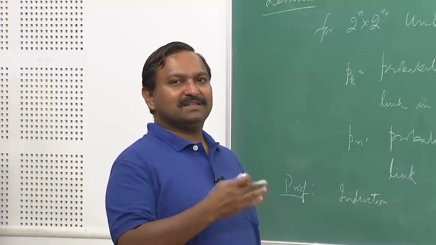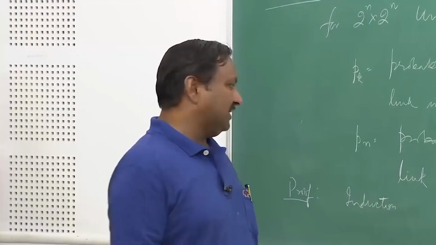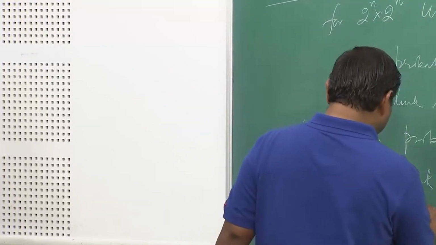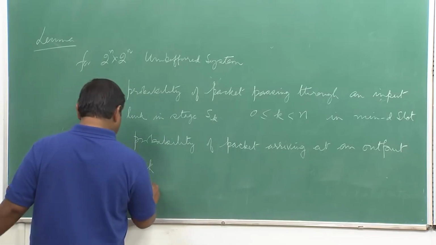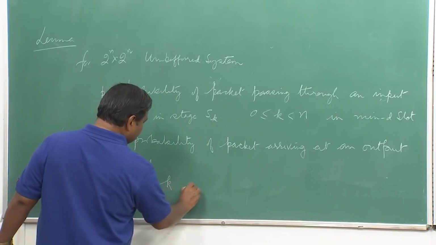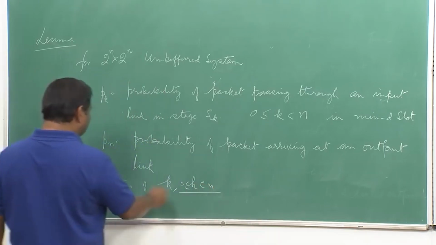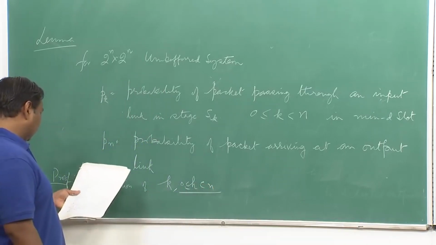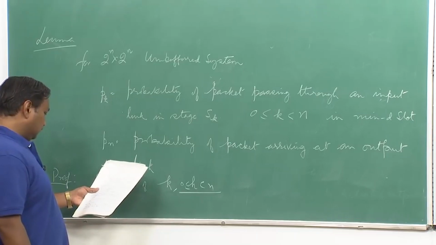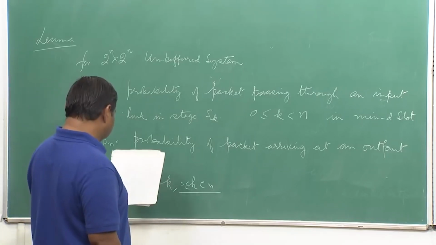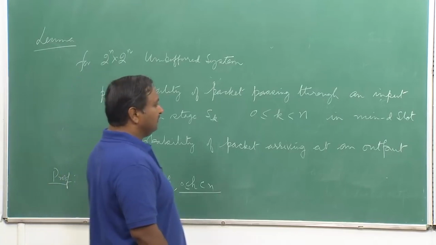So by induction it is true for all values of k, where k goes from 0 to n. So the statement is true for stage 0 because of assumptions 2, 3 and 5.